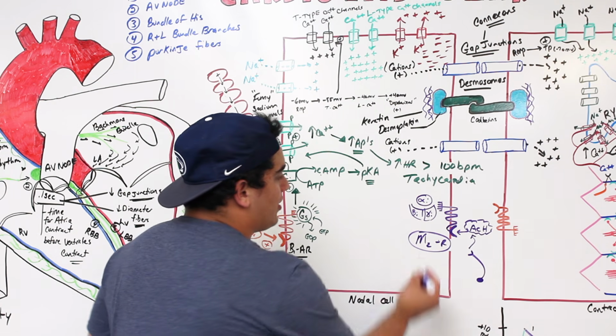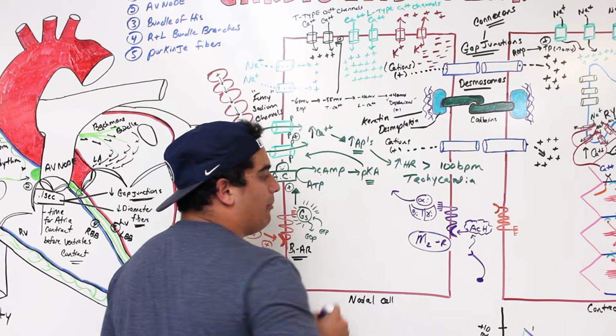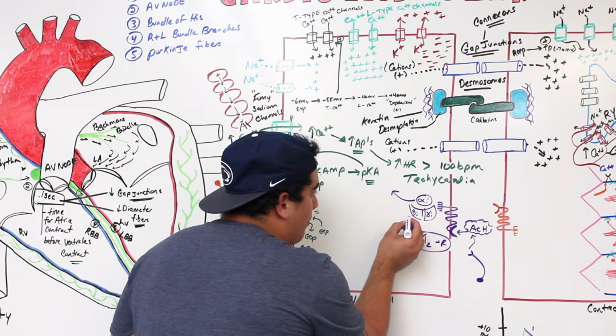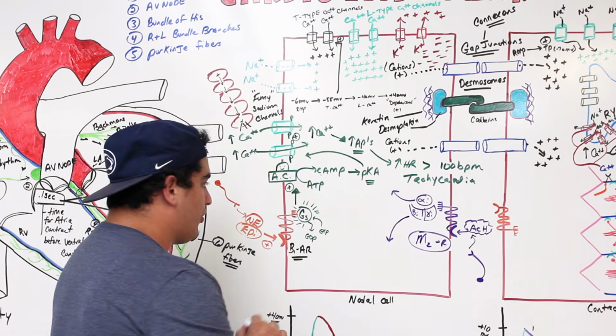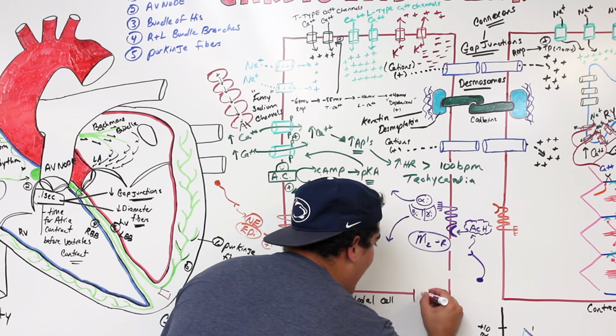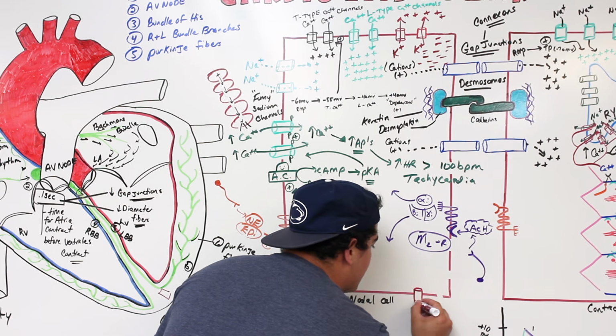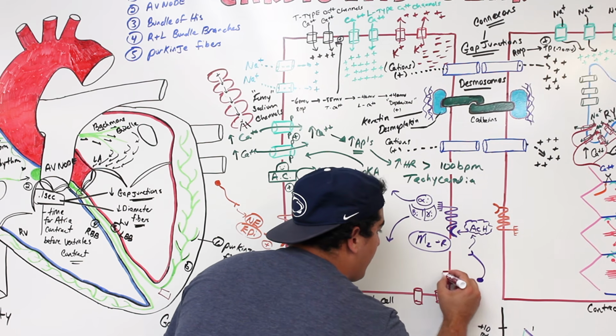Whenever acetylcholine binds onto this muscarinic receptor, it activates the alpha inhibitory to separate from the beta and gamma inhibitory. The beta and gamma inhibitory come to the cell membrane and bind onto special channels in the membrane. These channels are specific and sensitive to the movement of potassium.